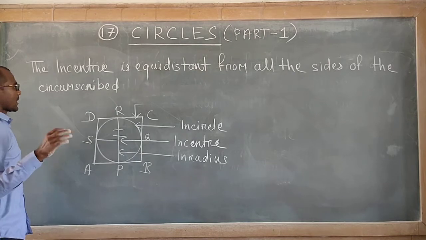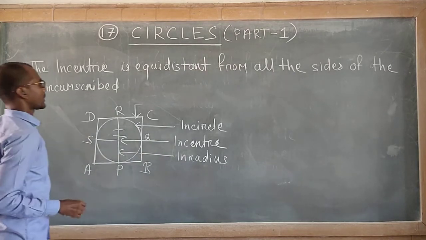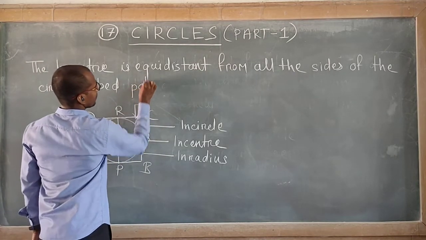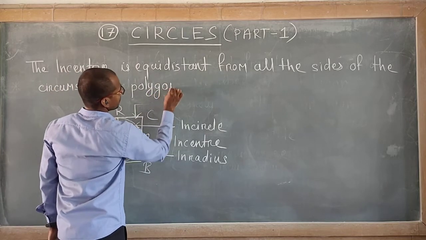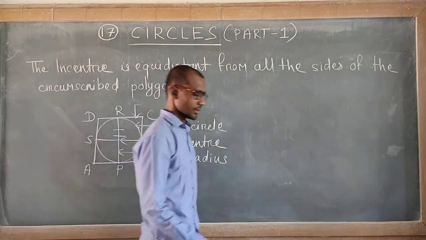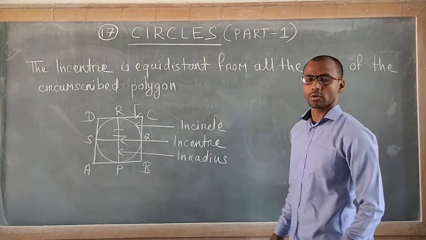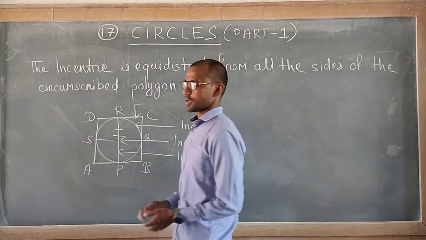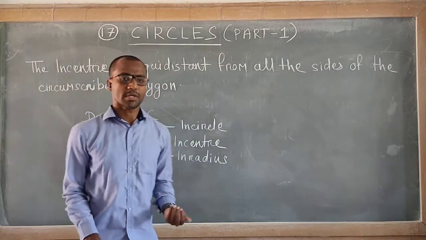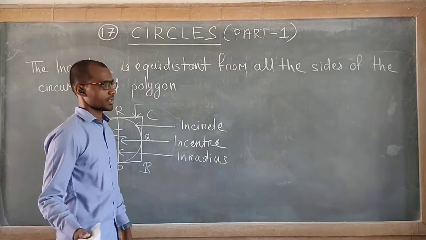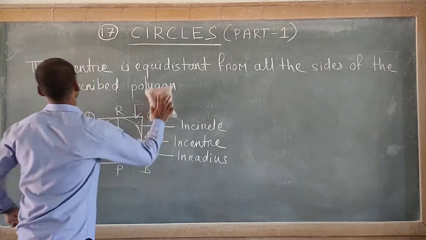This is R. Okay, my R looks like N. Circumscribed polygon. Remember all these points. Circumcircle, incircle, concentric circles, equal or congruent circles, chord, diameter, etc. Interior point, exterior point, concyclic points.